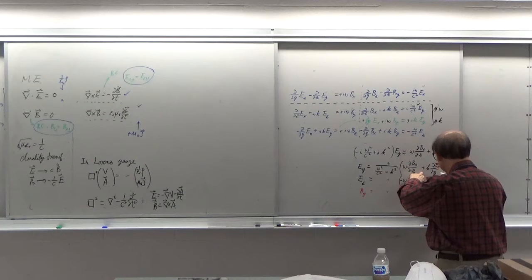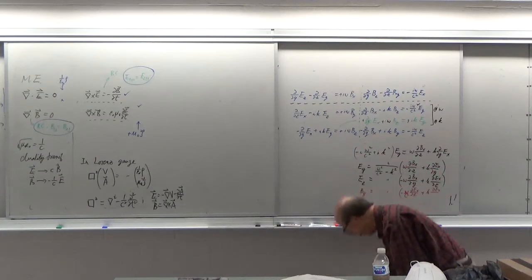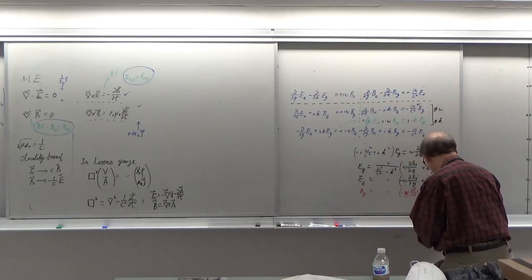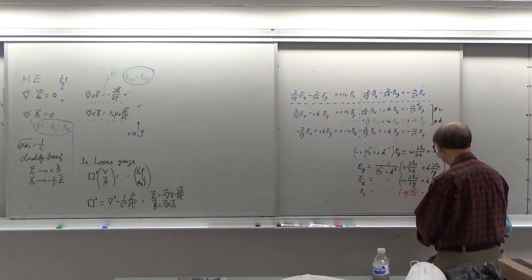And then this one, E goes into plus B, so plus k del Ex by del y.